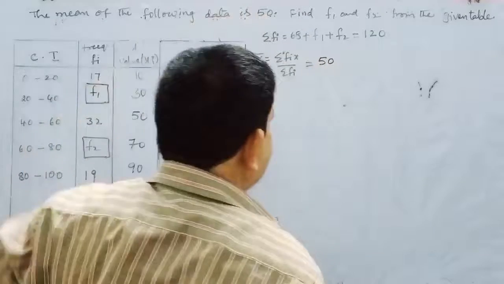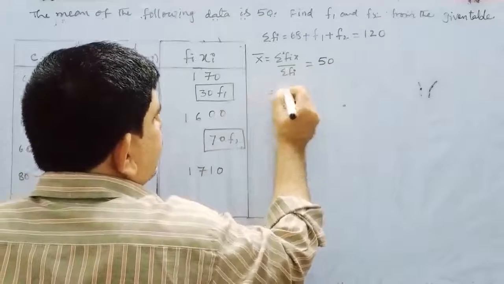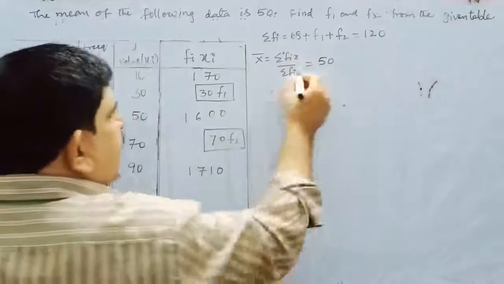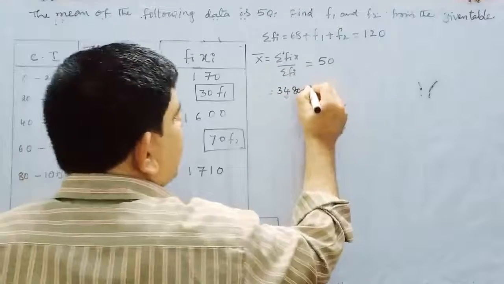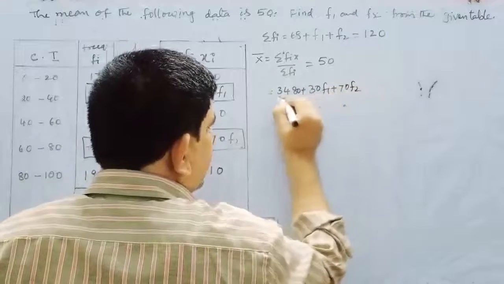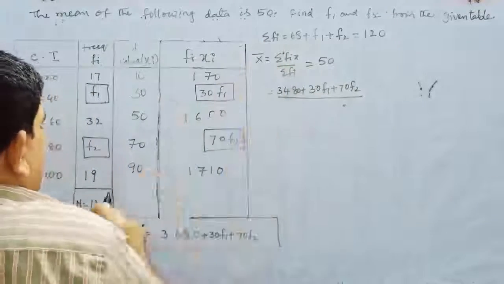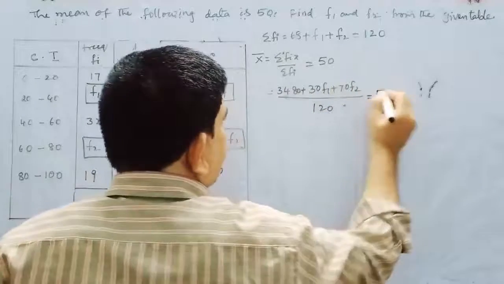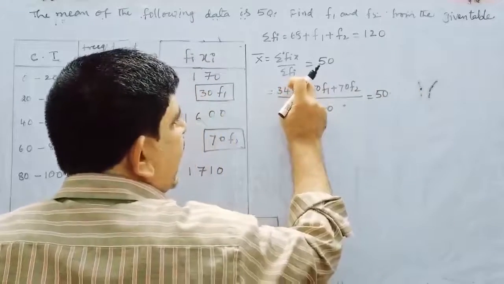So 3480 plus 30 f1 plus 70 f2, divided by 120, is equal to 50. Now you take this 120 to this side and 3480 to the other side.